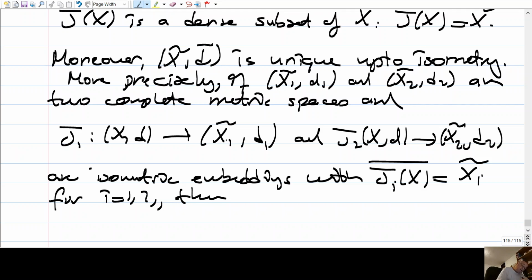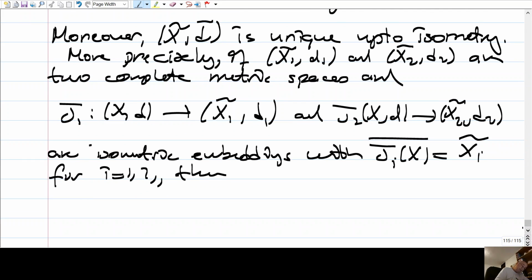Then these metric spaces are essentially the same.